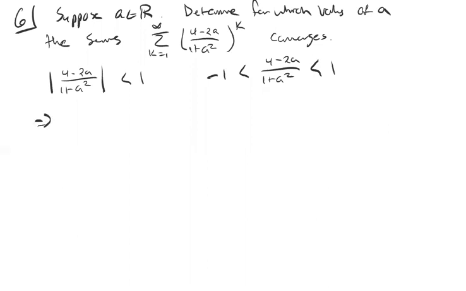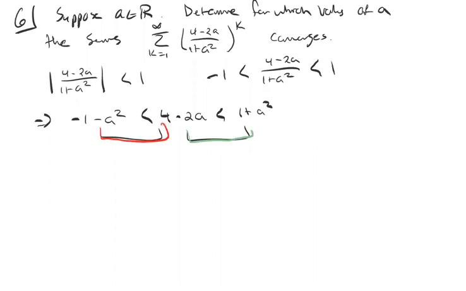So that tells us that -1 minus a squared is less than 4 minus 2a, which is less than 1 plus a squared. Now, I'm going to break this down into two pieces, this inequality and this inequality. I'll color code this. So, first inequality: -1 minus a squared is less than 4 minus 2a.